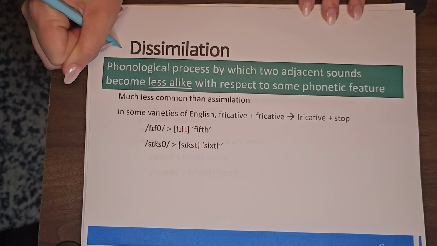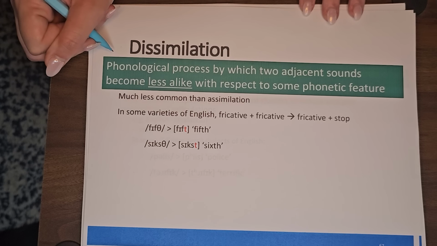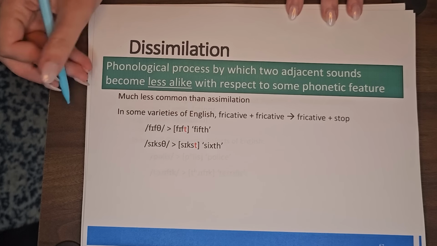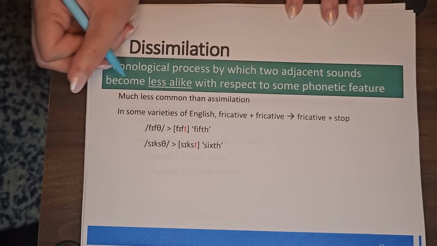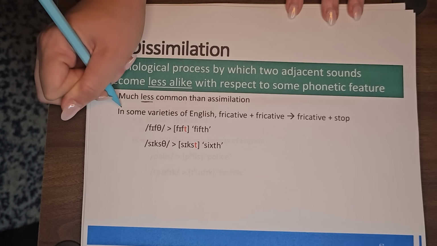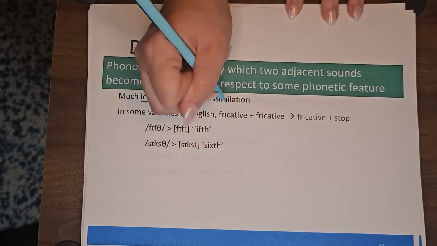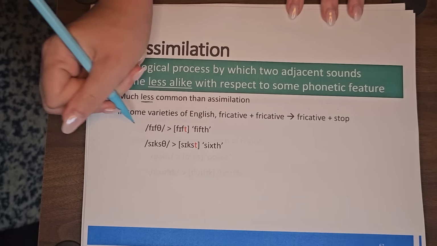Dissimilation is the opposite. This is a process in which two adjacent sounds become less similar. And this is often done in order to make them easier to pronounce. So this is less common than assimilation. Assimilation is much more common. But in some varieties of English, a fricative and a fricative becomes a fricative and a stop, for example.